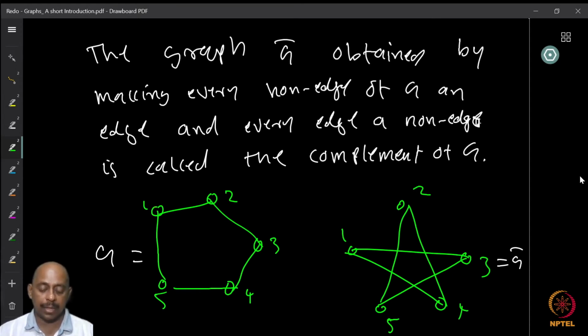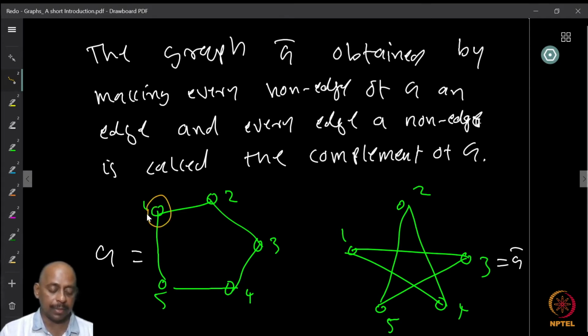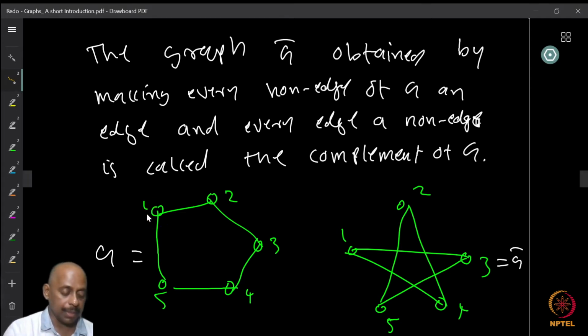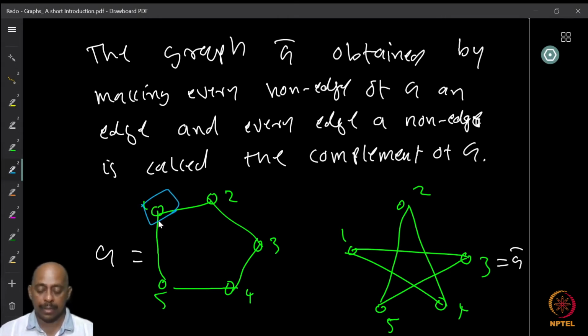These two graphs are isomorphic because one can see that there is an isomorphism. What is the isomorphism? Let's say that 1 is mapped to 1 itself.